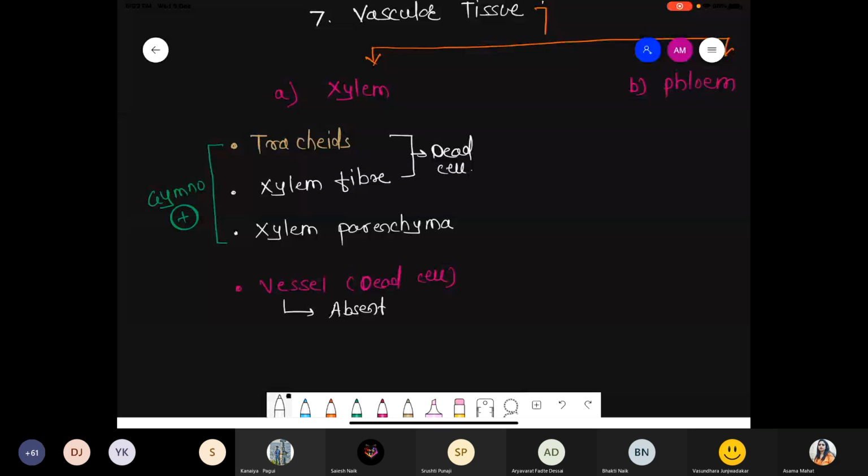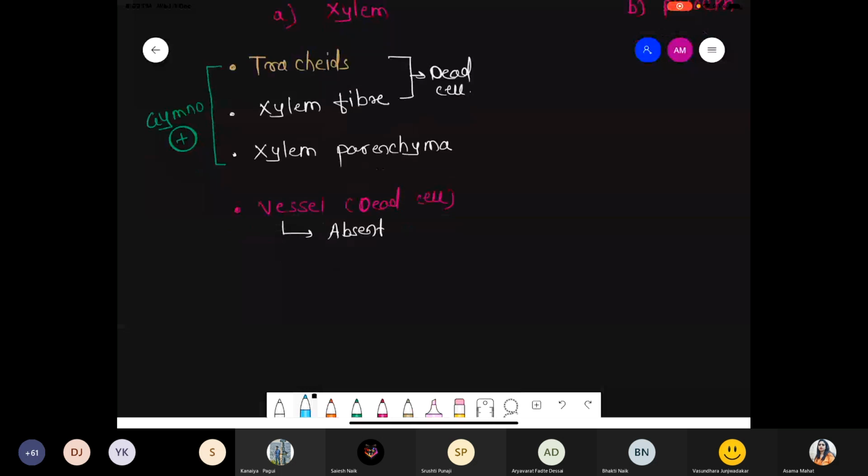But you know that in botany and biology, nothing is without exception. So write down, we are talking about an exception case in gymnosperms where vessels are present. We are talking about 3 examples.